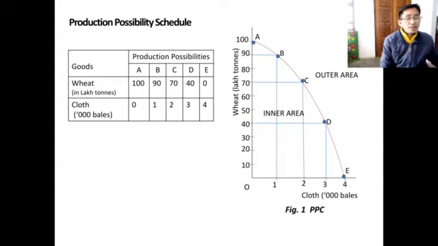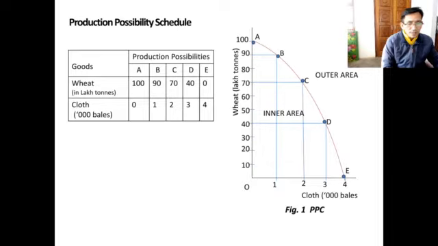Here we are given a production possibility schedule, that is a table showing the production of two goods. One is wheat, another one is cloth. We have five production possibilities here, indicated by A, B, C, D, and E in figure one.